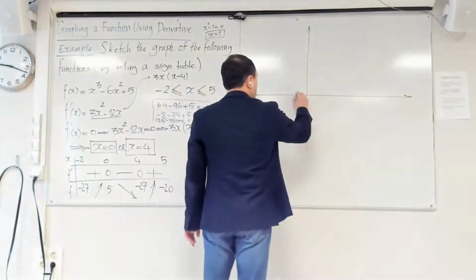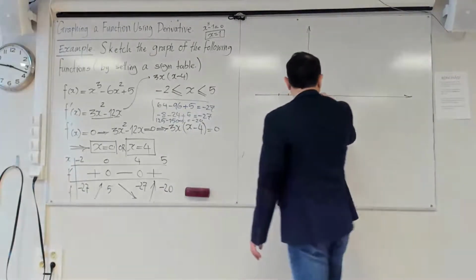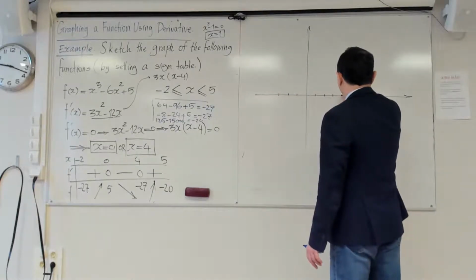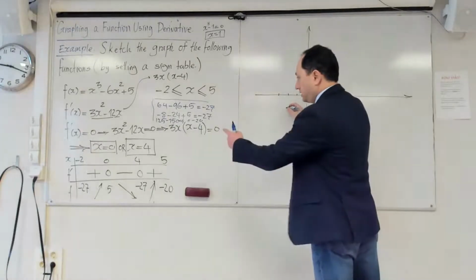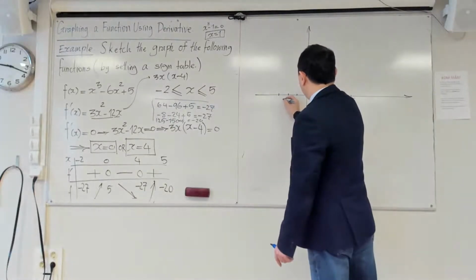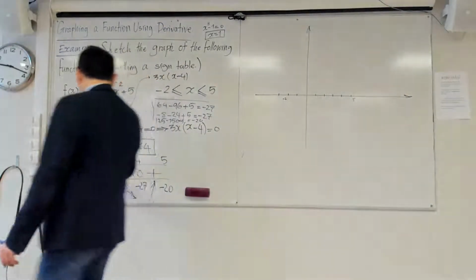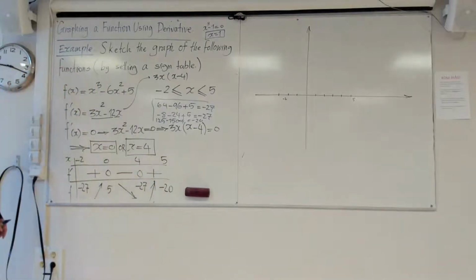So this is -1, assume, -2, so -3, and then let us go from this direction, 1, 2, 3, 4, and 5. So this is my 5, this is my -2. And then first of all, you need to locate all your points, not only local extreme points. -2 and -27.